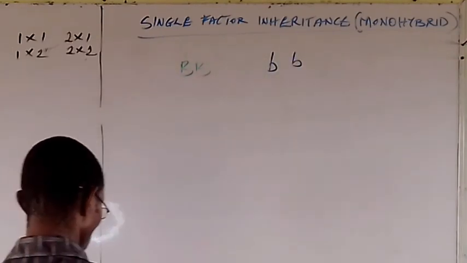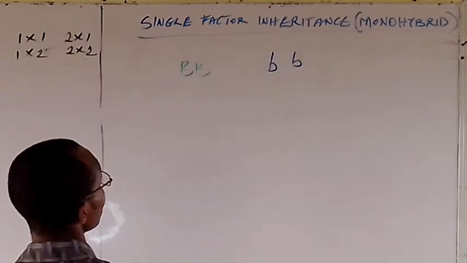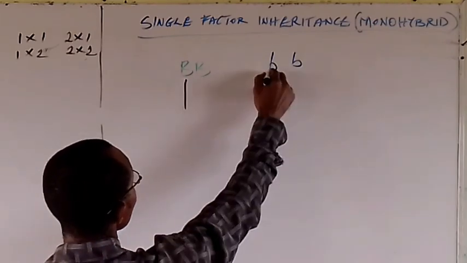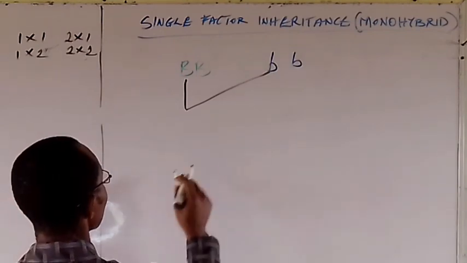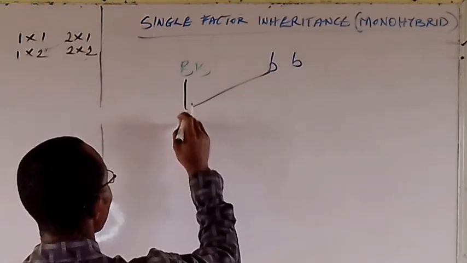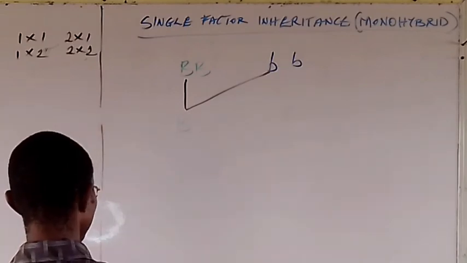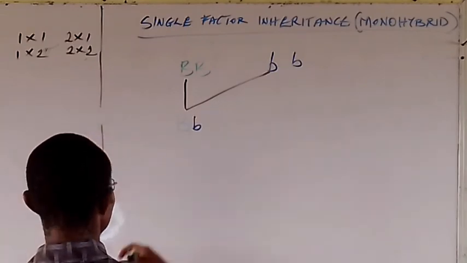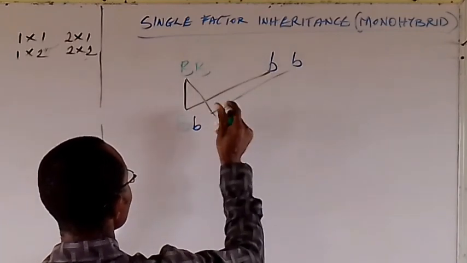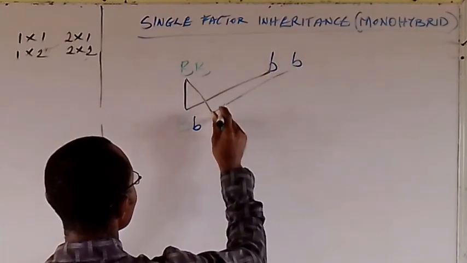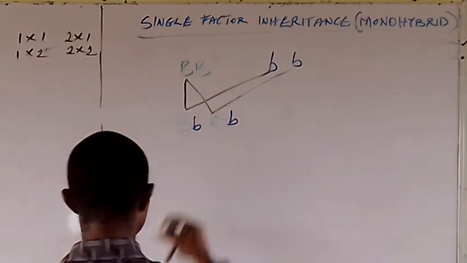Capital B being crossed with small b. So what is going to be the possibility of offspring that we will be generating? From that, we'll be having something that looks like this. We have capital B and then small b. Another cross like this, we also have capital B, small b.